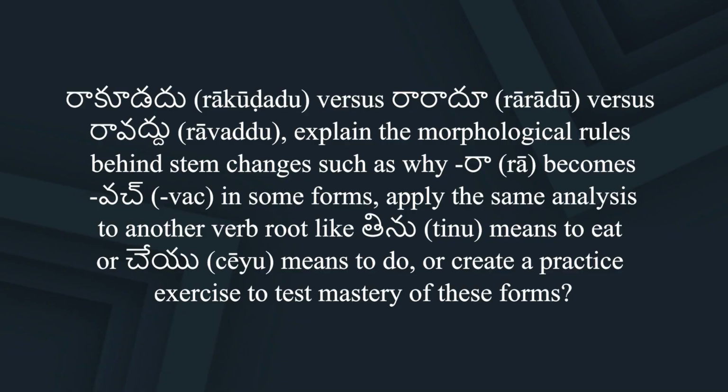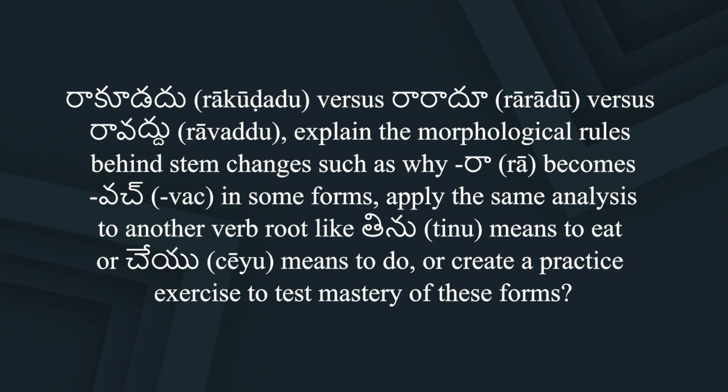What I am exploring is that the systematic presentation is impressive. It effectively maps the Telugu verbal structure using a single root. This is the kind of analysis that advanced learners and linguists appreciate. Would you like me to provide example sentences for each of the forms you listed? Contrast similar forms such as rakudadu and raradu and also ravaddu.